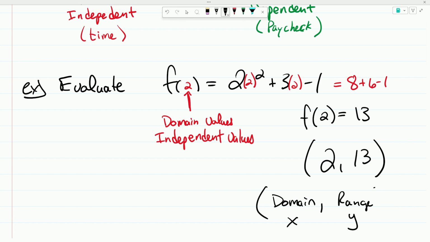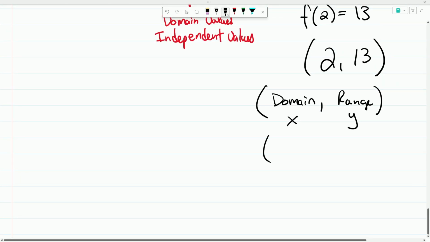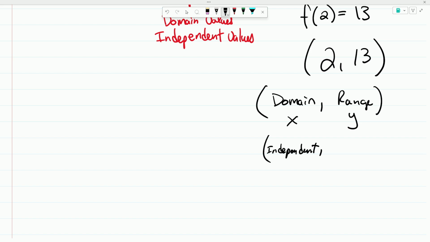And if you take that one step further, the x component is also going to be independent, and your y value is going to be your dependent values. And what the function does is it relates these things together. It relates all of these together. That's exactly what we're talking about here.